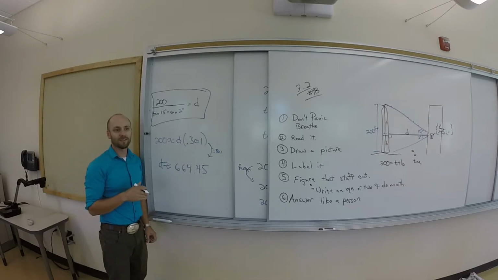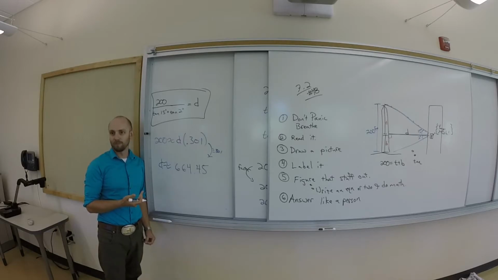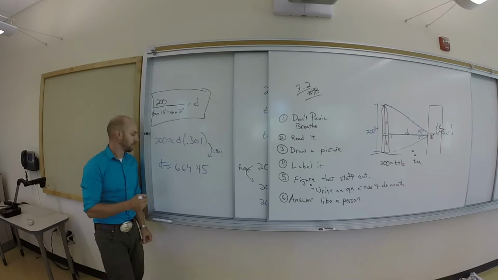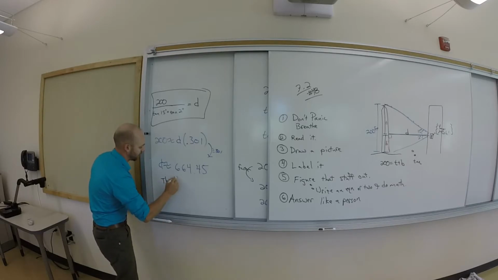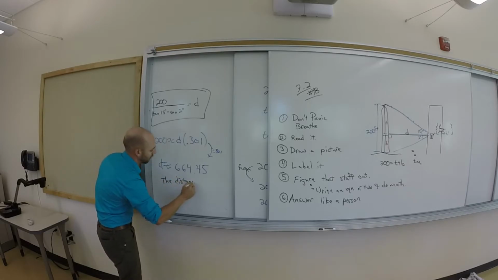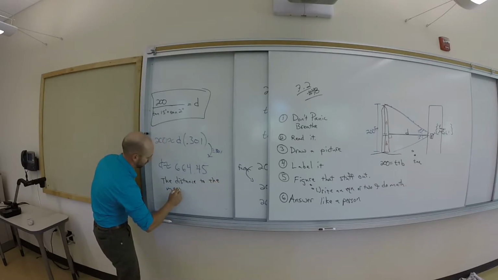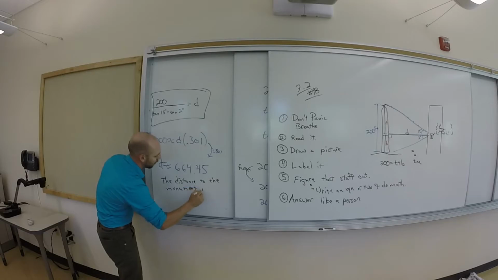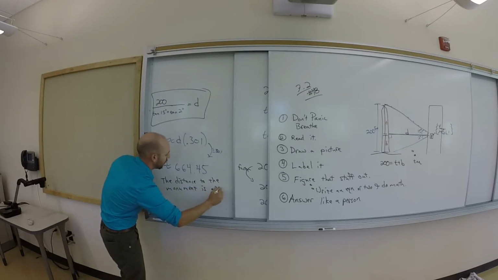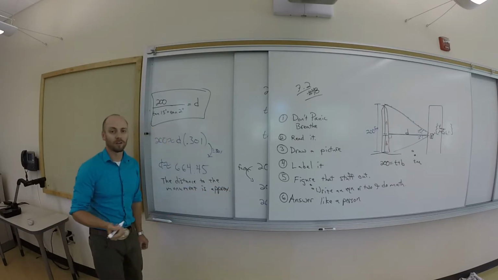So my audience asked a question about the height of a monument in feet, so relevant to my audience is going to be answering in distance from the monument. So I'm going to say the distance to the monument is approximately, why am I saying approximately?